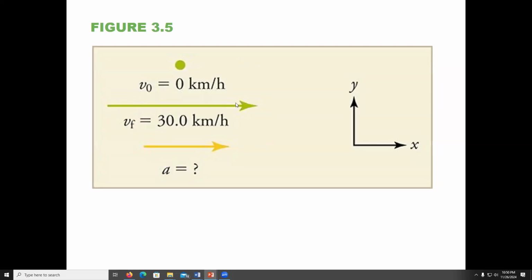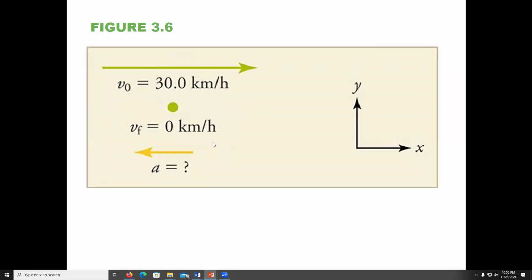Here they were in the same direction, but here they are in opposite direction. So my final velocity is 0, and my initial velocity is plus 30. So 0 minus plus 30, our acceleration is minus 30 kilometers per hour squared.